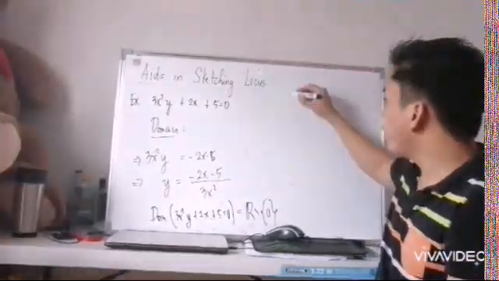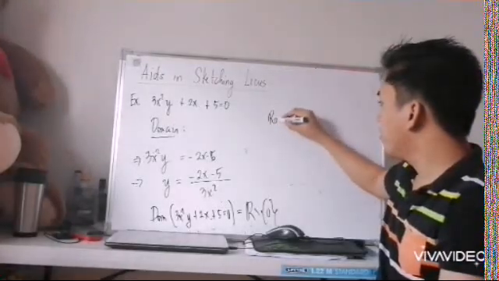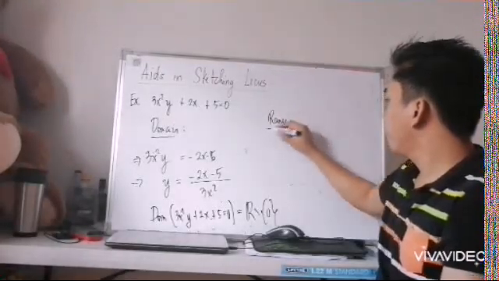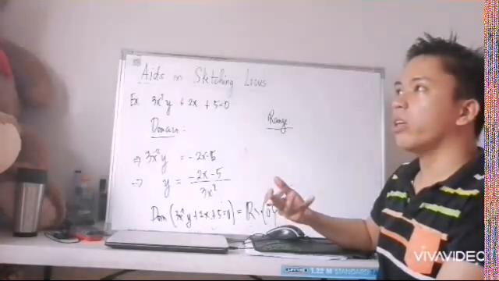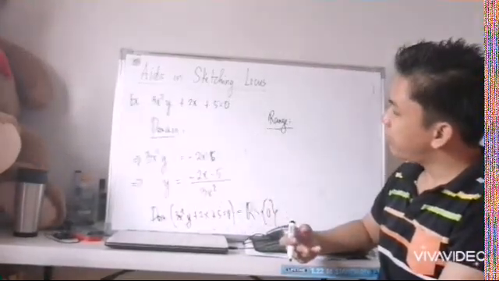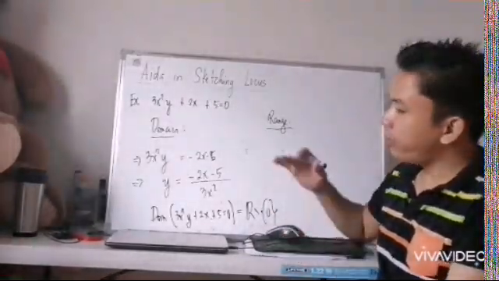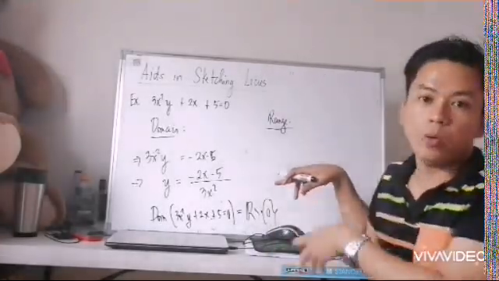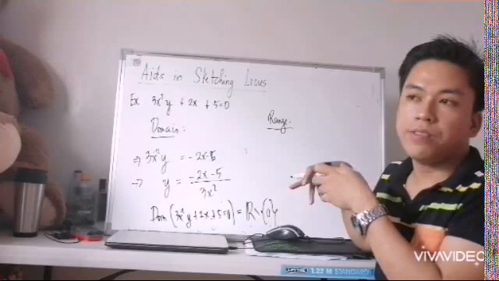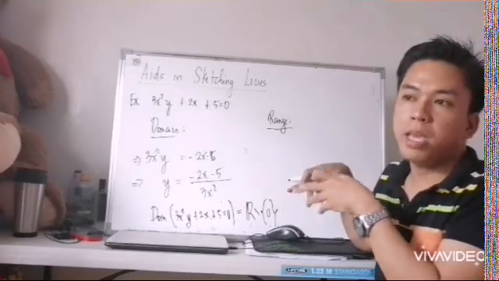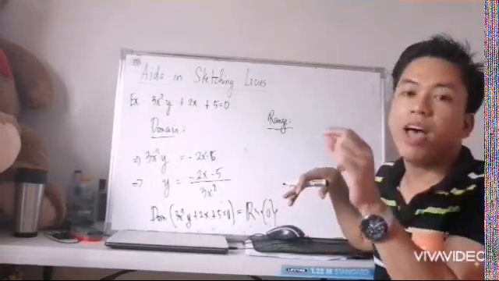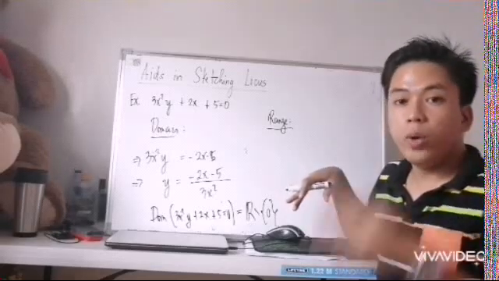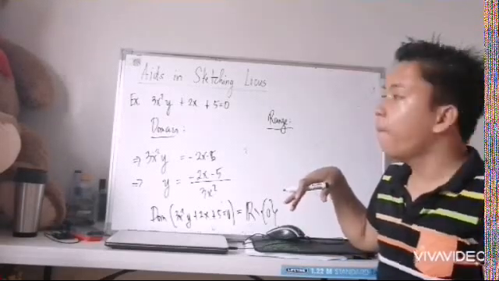Okay? So how to solve for the range? Let's solve for x in terms of y. By solving x in terms of y, we have to check the expression with respect to y, and evaluate what makes the expression undefined, so that those values that make the expression undefined will be excluded in our set.